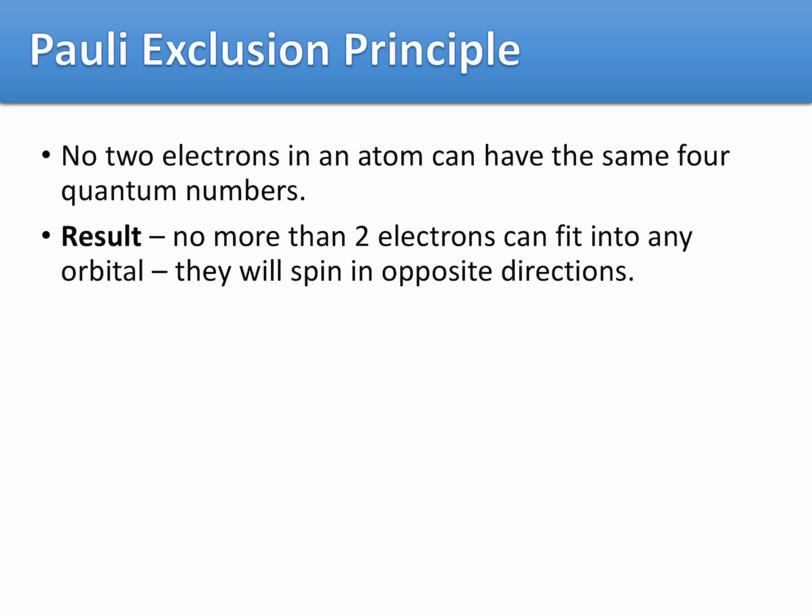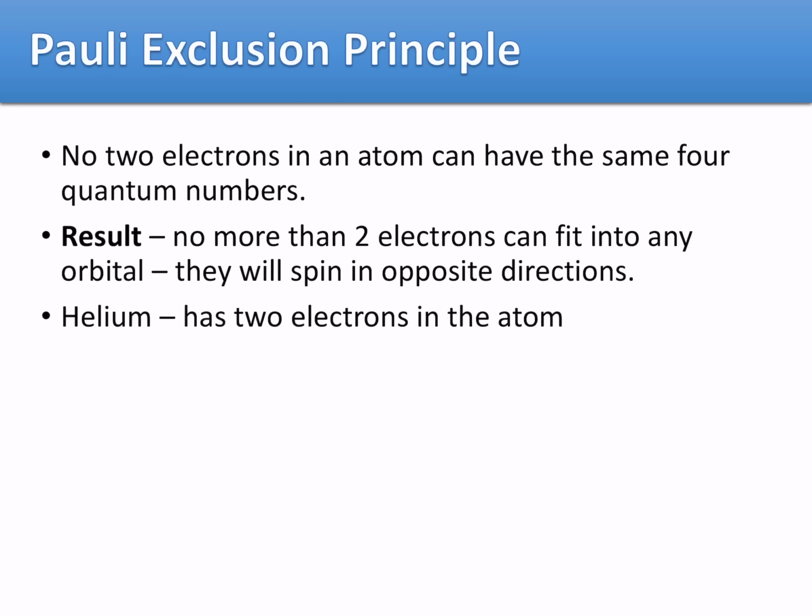That means, remember, if the first three define an orbital, then if you put two electrons in that orbital, they at least have to differ in the spin, plus 1/2 or minus 1/2, but you only have two values there. Therefore, you can only put two electrons in an orbital, because if not, you're going to have repeated numbers.